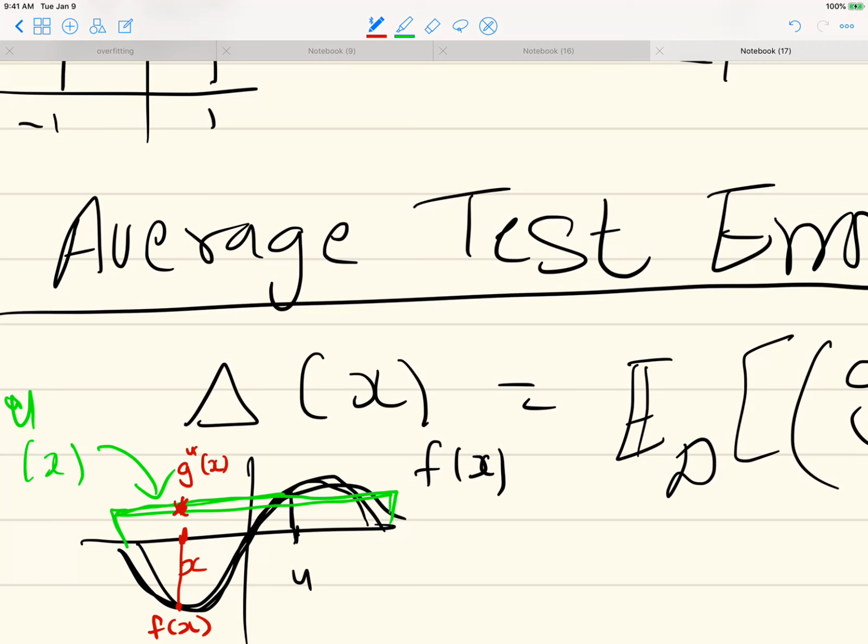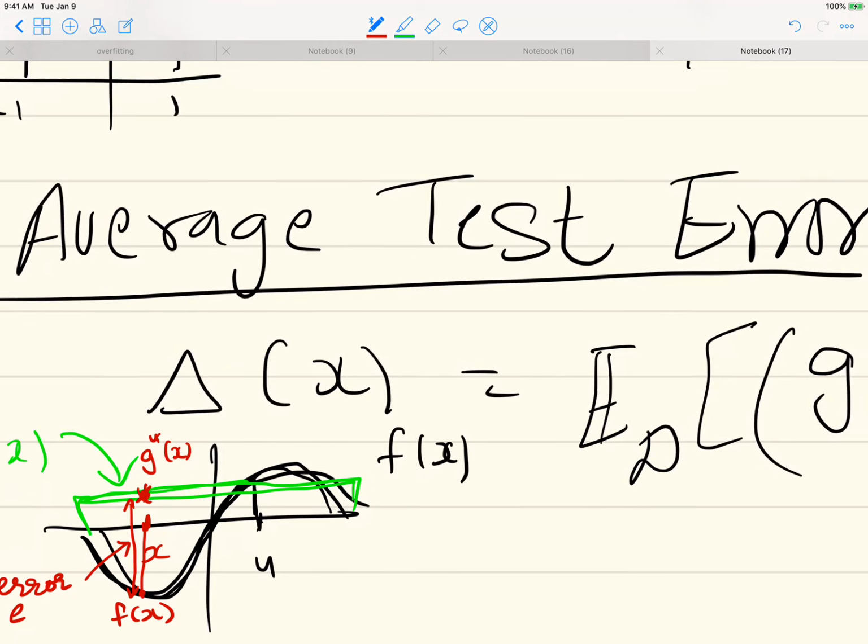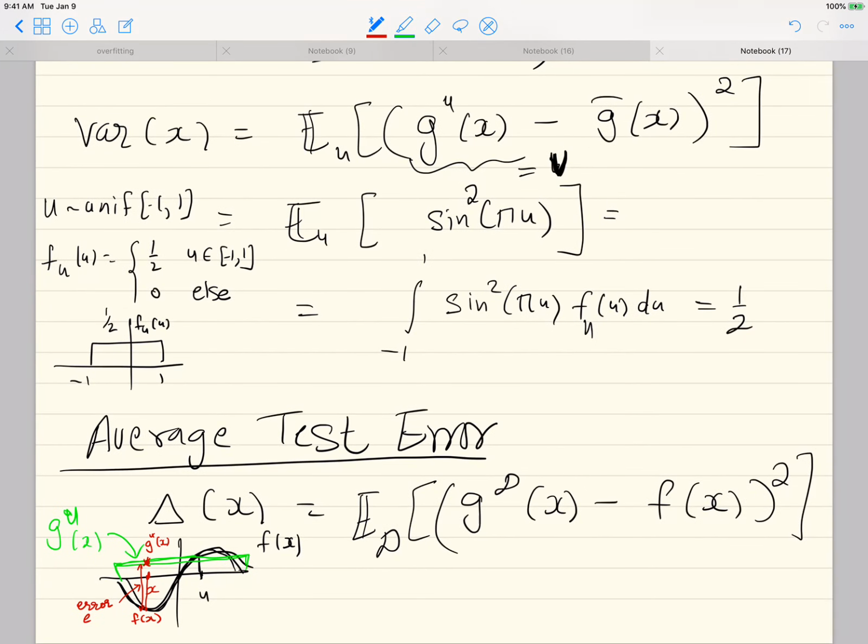This is the difference, and you take this gap, let's call this error, and you square it. This is what we are doing here. We're taking the output value, subtracting f of x, so it's this height, and you square it. So here we are using the ground truth value, the estimate, squaring it, and then we take the average.